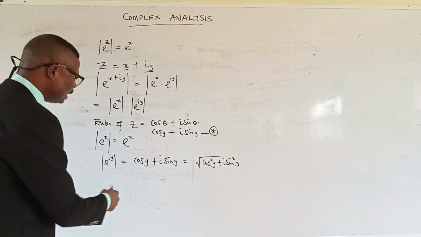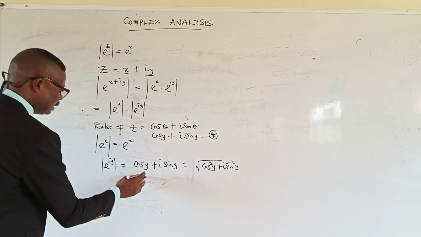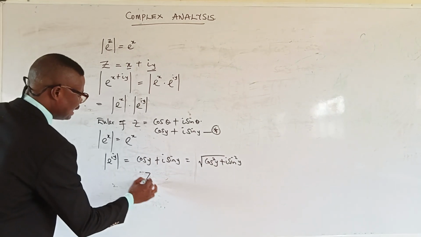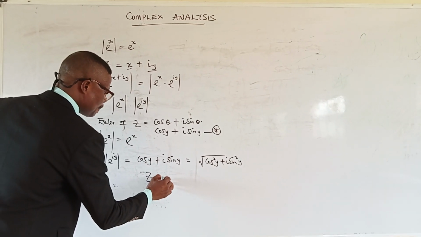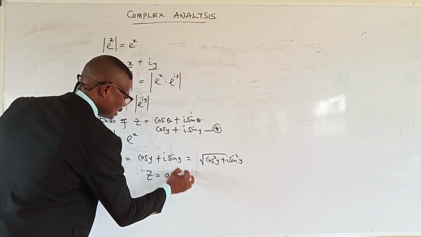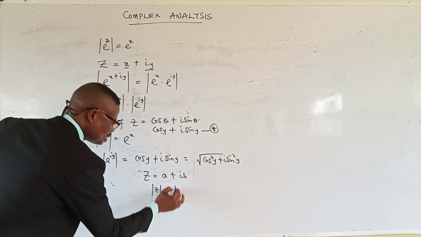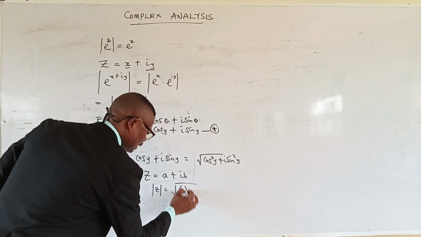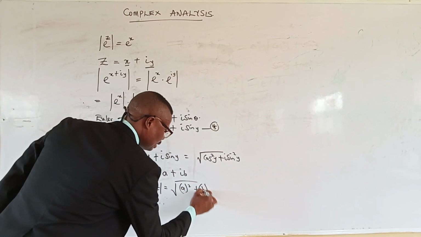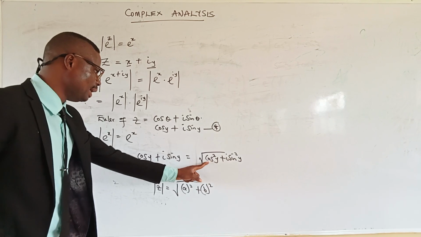How? Remember that when we have a complex number z equal to a plus ib, the magnitude of z becomes the root of a squared plus b squared. So that's the same thing we did here.